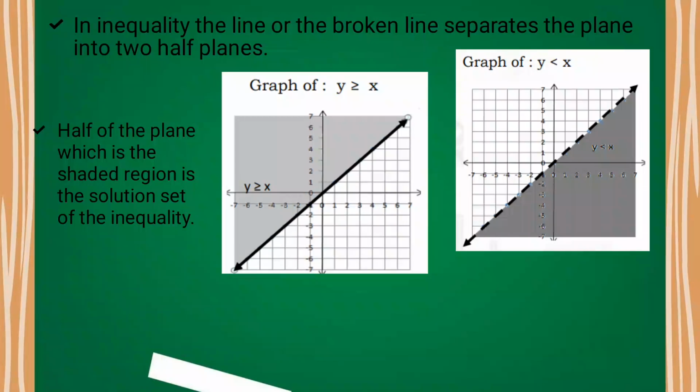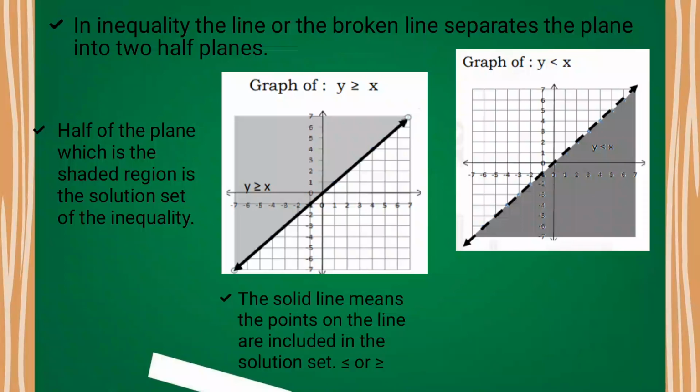Half of the plane, which is the shaded region, is the solution set of the inequality. Gaya po nung sinabi ni Ma'am kanina, lahat po ng points na kasama dun sa isinade natin, ayun po ay isa sa mga solution ng inequality. Marami po ang solution ng inequality compared sa equation natin last quarter.